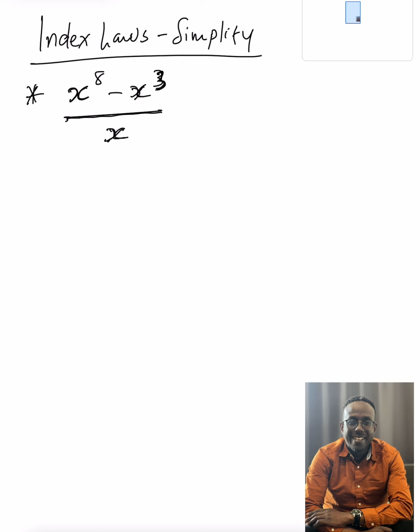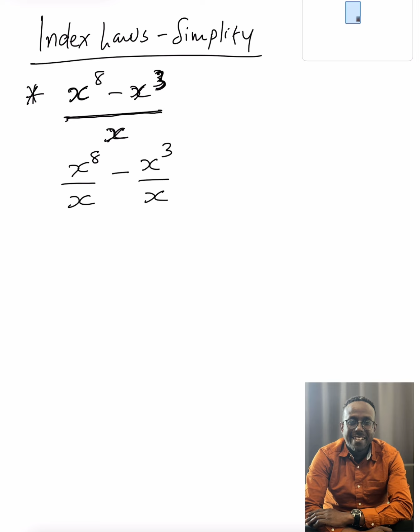If you understand it this way, it helps. So I'm going to split them a bit to make it easier. I will say x to the power of 8 divided by x, that's the same thing, then minus x to the power of 3, we also divide it by x.